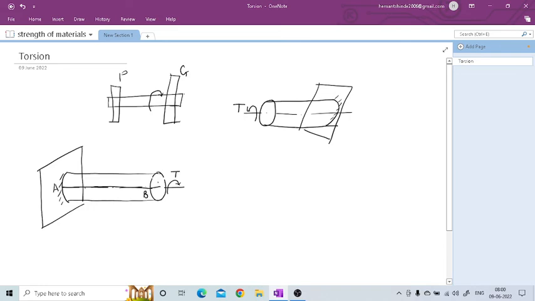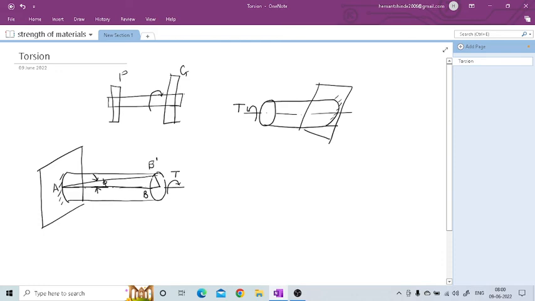If I join it with the center, this will shift to the new position B dash. If I draw the line from A to B dash, this will be the angle turned by this line.